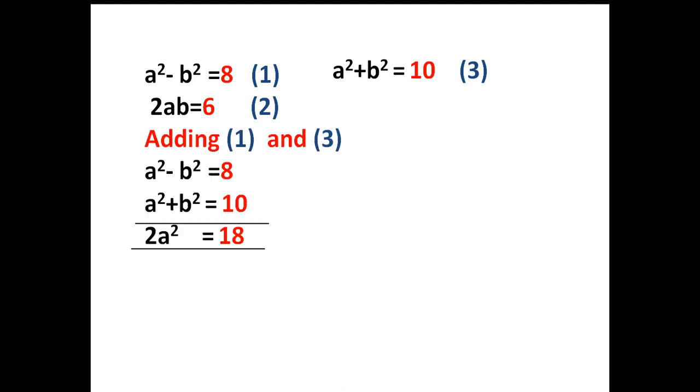Cancelling 2, a square equals 9, so a equals under root 9, which is plus minus 3.